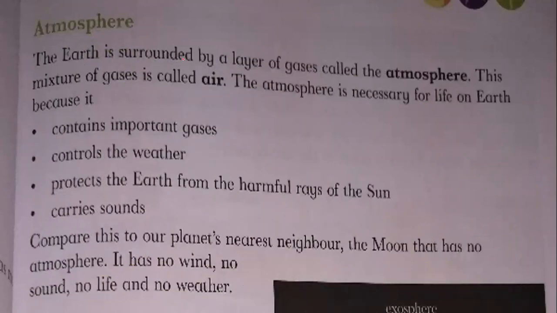Atmosphere: the earth is surrounded by a layer of gases called the atmosphere. This mixture of gases is called air. The atmosphere is necessary for life on earth because it contains important gases, controls the weather, protects the earth from the harmful rays of the sun, and carries sounds.